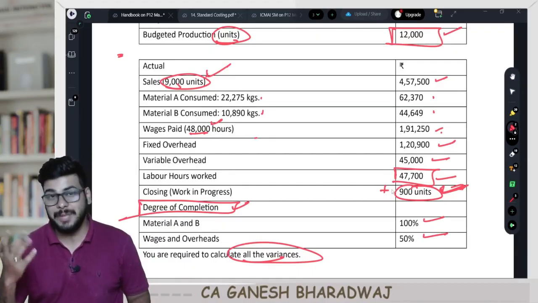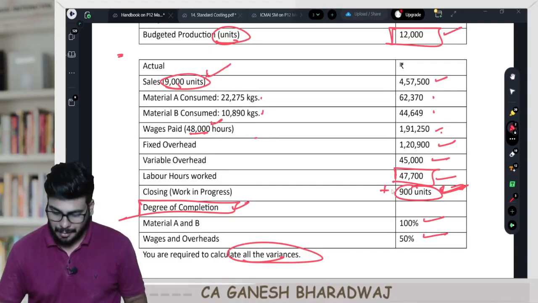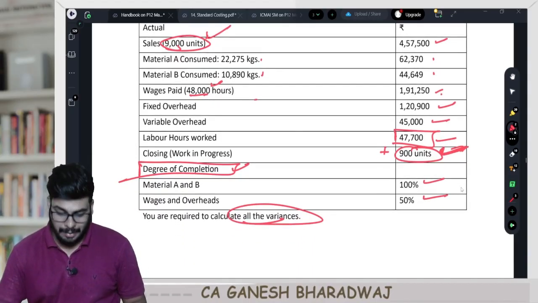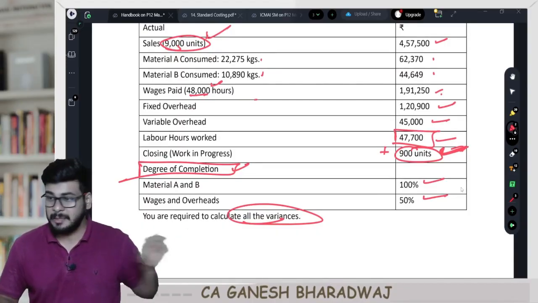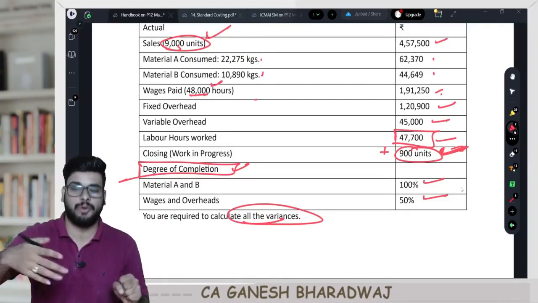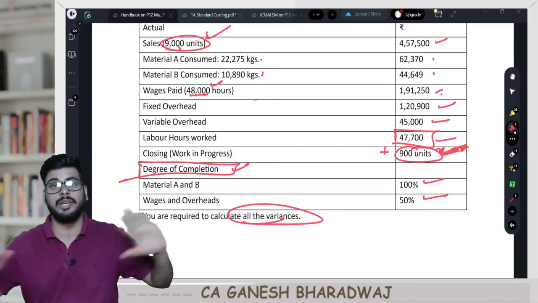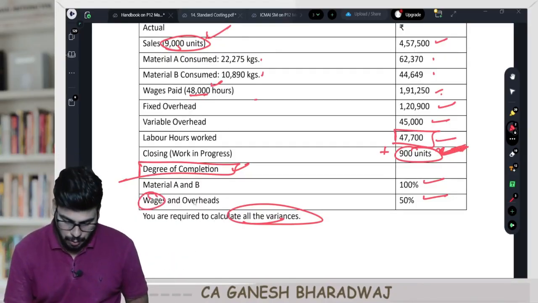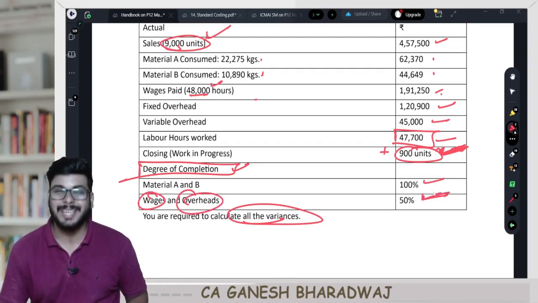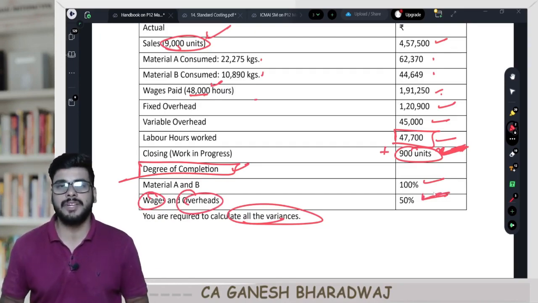No. Had it been FG, then I could have added this, but this is WIP. They have a different degree of completion. These are incomplete units. What they are saying is, with respect to raw material, these 900 units are fully completed. However, with respect to labor and overheads, they are only semi-finished. They are only 50% complete.